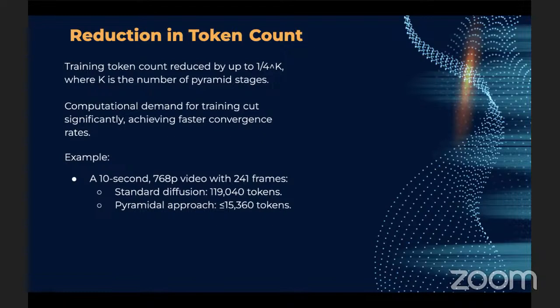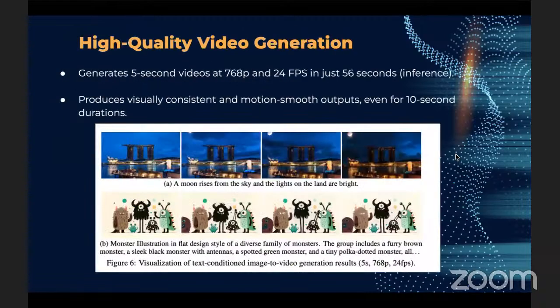That means it performs way better compared to Open-Sora, which uses twice the computational cost. We can see that the efficiency is far better in our case. The video generation takes only about 56 seconds for inference, and it can also produce visually consistent and motion-smooth output, even for a shorter duration, like 10 seconds.